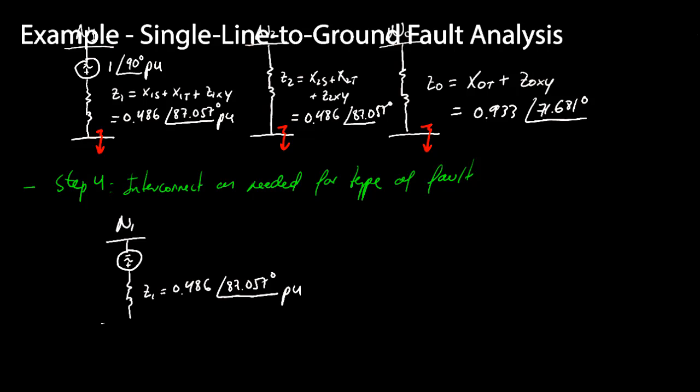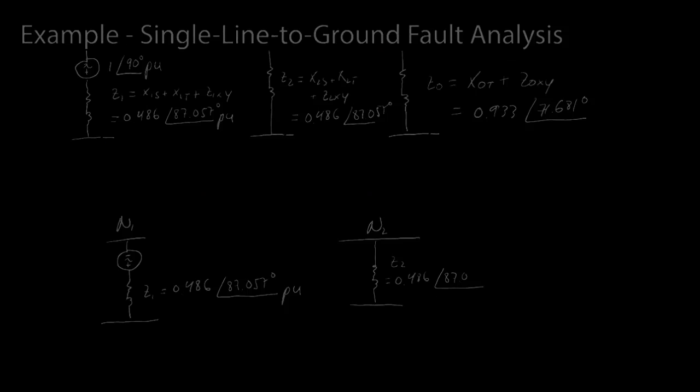That's in per unit. This is our faulted bus. I want to have the negative sequence over here. So same thing, just one simple impedance. That's going to be equal to Z2, which is equal to 0.486 angle 87.057. And then lastly, the zero sequence over here.